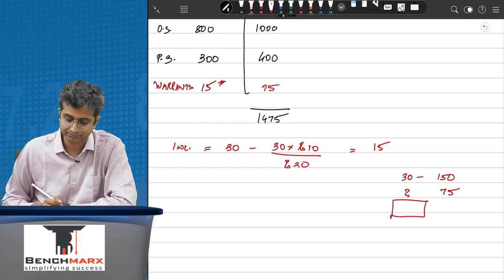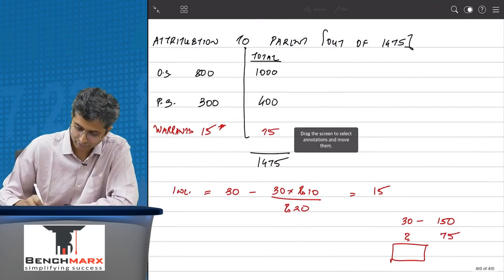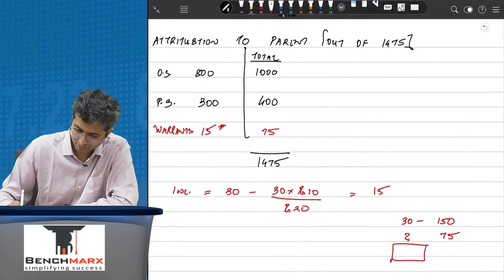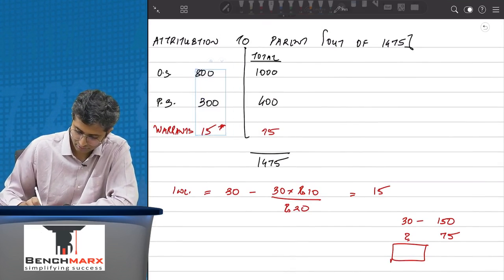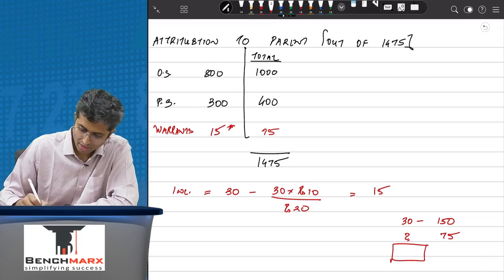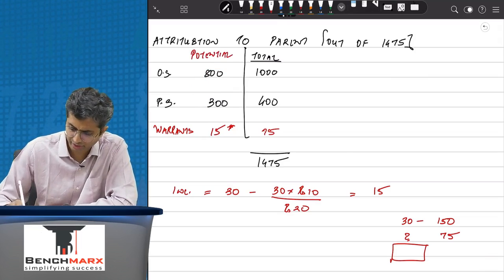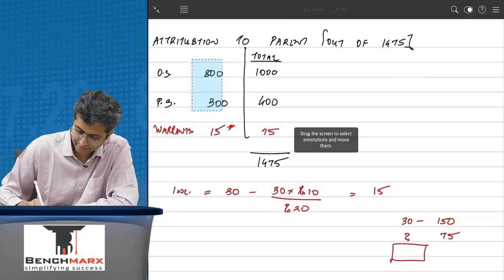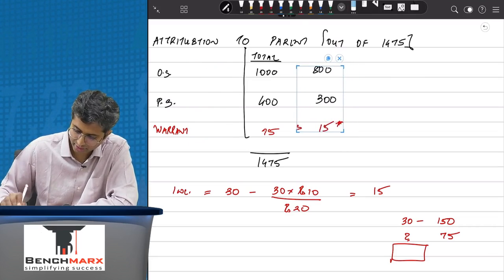So this is warrants, and this is potential or actual equity shares, held by the parent.